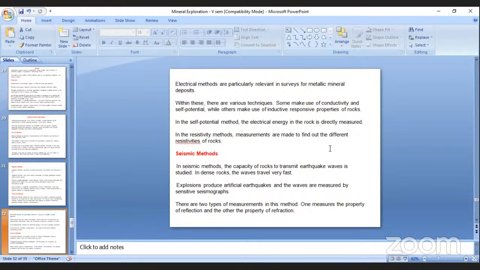When you go into the self potential method, the electrical energy is directly measured on a rock surface. With the self potential method or ionization potential method, using these two methods, we are able to identify small pockets of sulfide deposits.